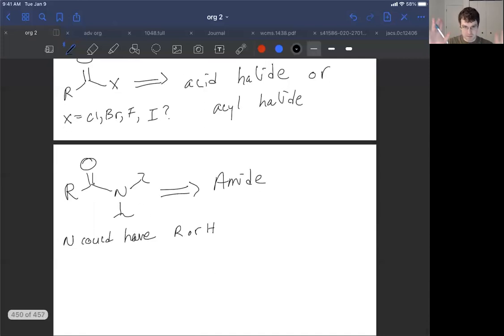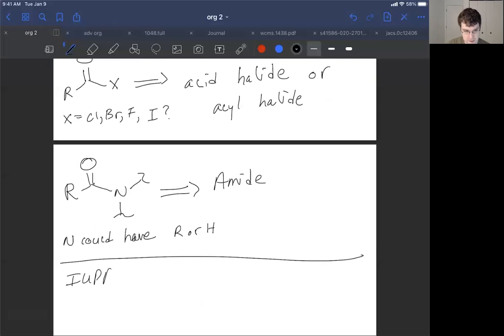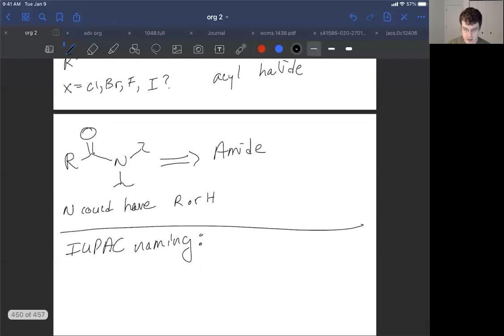But anyway, moving away from the overarching names of the functional groups, let's get into some IUPAC naming. Now, I'm most interested in us knowing carboxylic acids and esters.